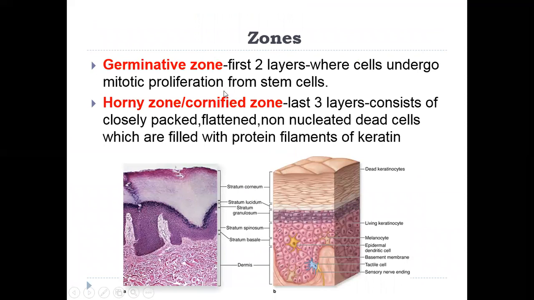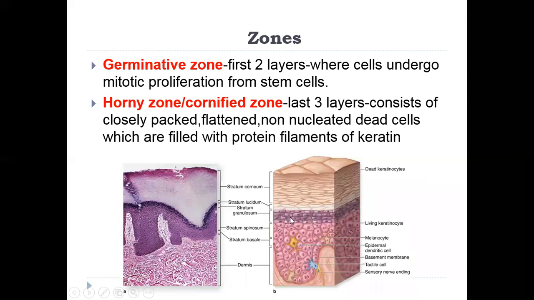To summarize this, there are two zones in the epidermis. Germinative zone, where the cells are multiplying through a process called mitosis. So the two layers are stratum basale and stratum spinosum. And the next layers, stratum granulosum, stratum lucidum, and stratum corneum.